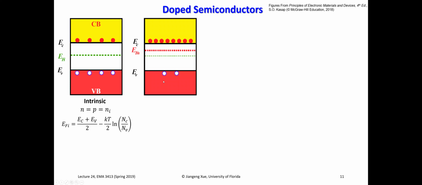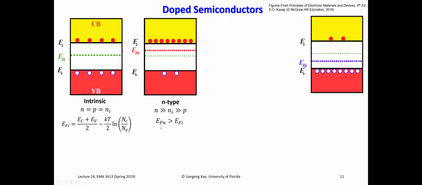But for the doped semiconductor at room temperature, we assume that all impurities are ionized. Okay, so we have the electron concentration being much greater than the hole concentration, and the Fermi energy location is above the intrinsic Fermi level. And for the P-type, again, if you assume all the impurities are ionized at room temperature, then the hole concentration is going to be much greater than the electron concentration. The Fermi energy location is going to be in the lower half of the band gap.